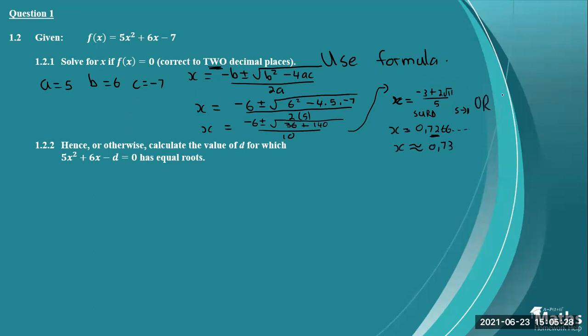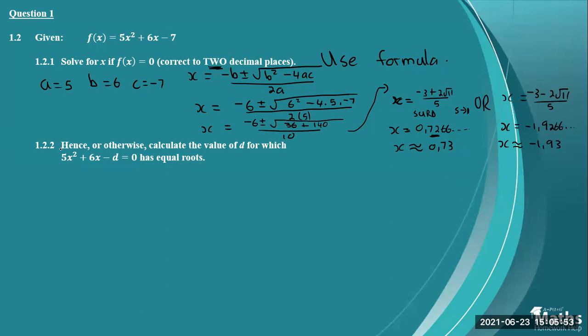Or you do the other one, and then you're going to sit with (-3 - 2√11)/5. SD it, and you will get -1.9266, etc. So x will be equal to -1.93 if you round off to 2 decimals.